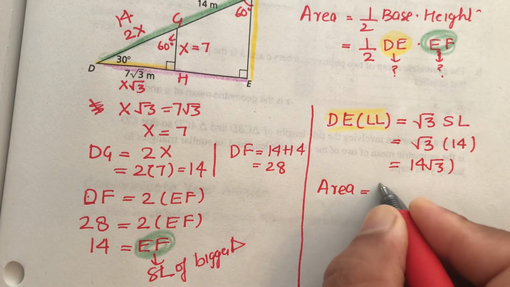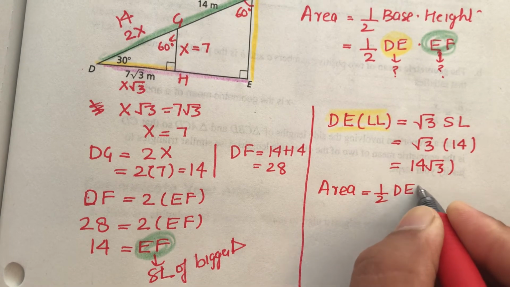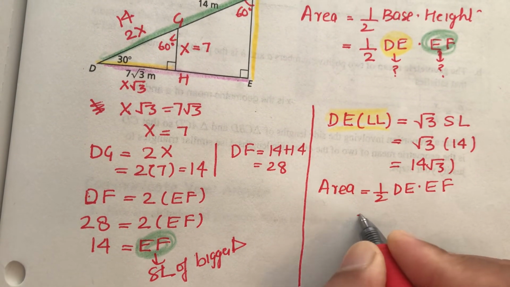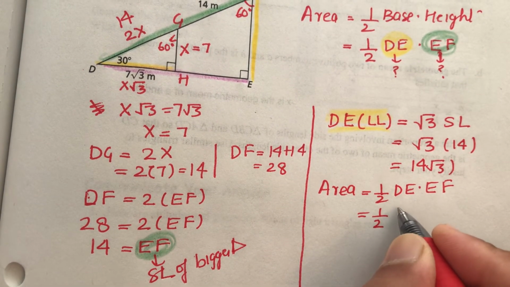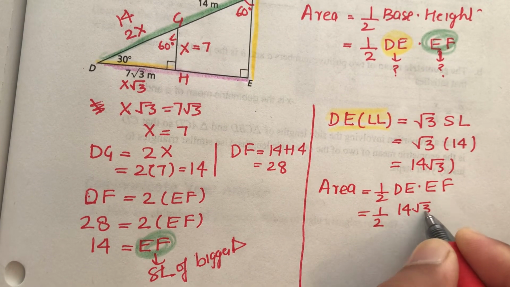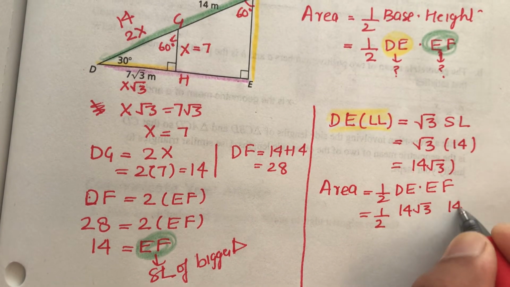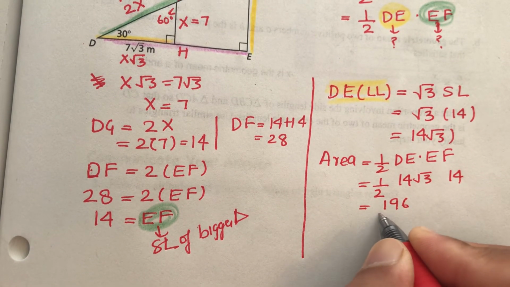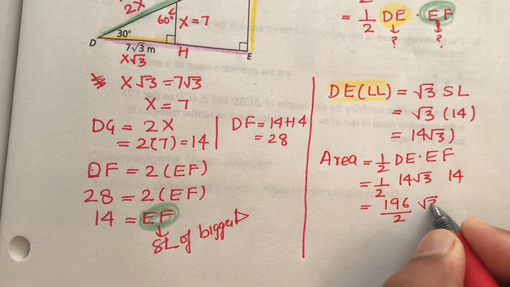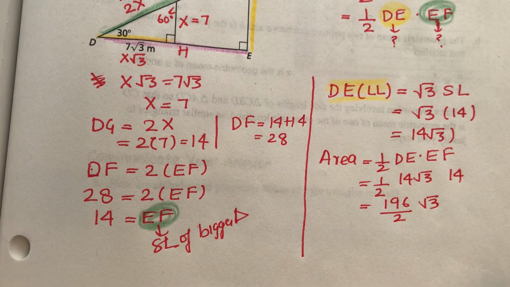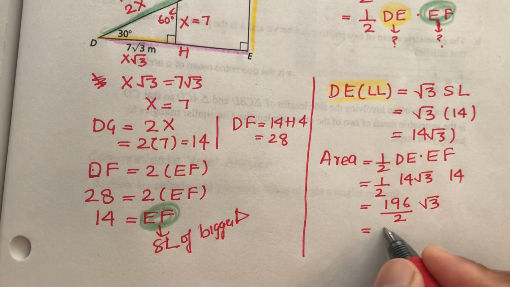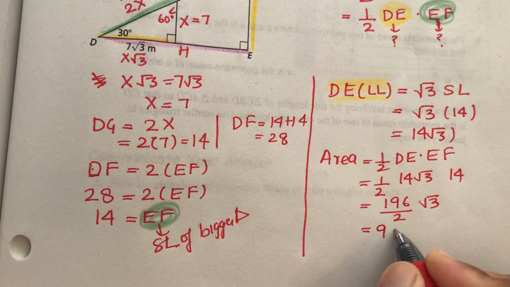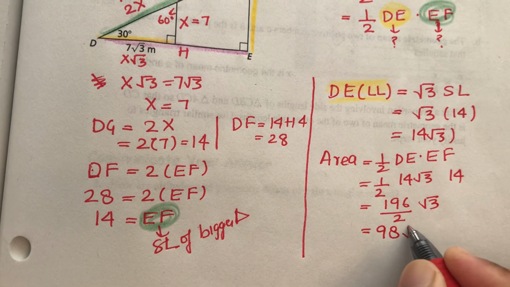So area is half DE times EF, and DE is given 14 root 3, times 14. I know the square of 14 is 196 over 2 root 3. When I solve it, I get 98 root 3.